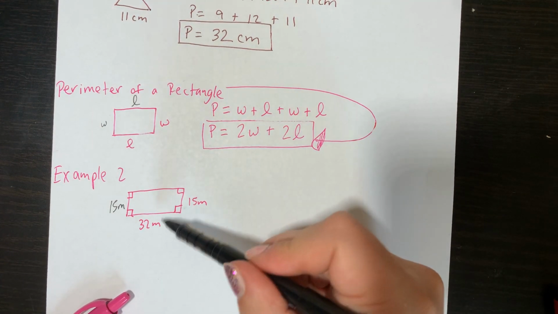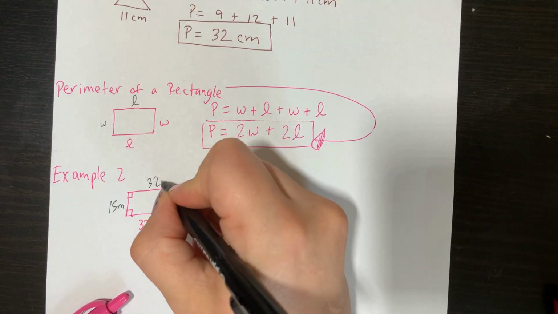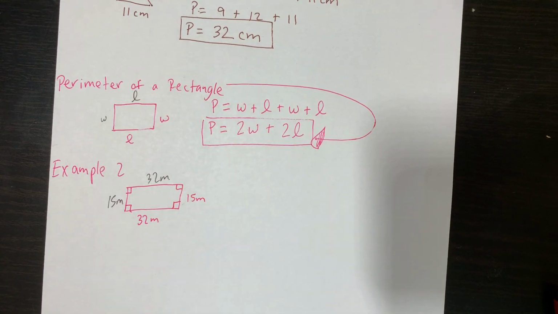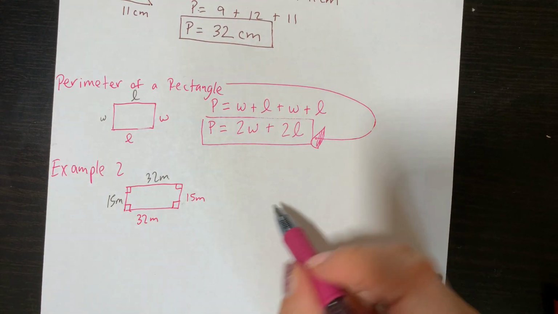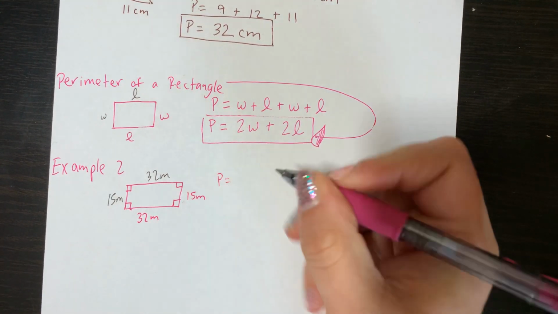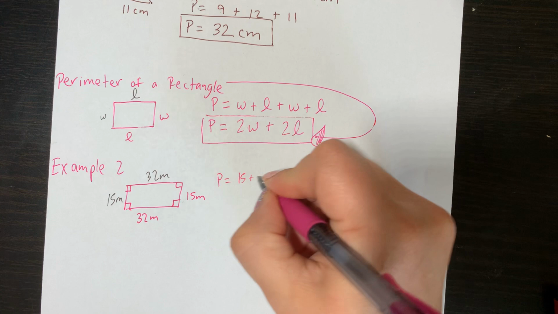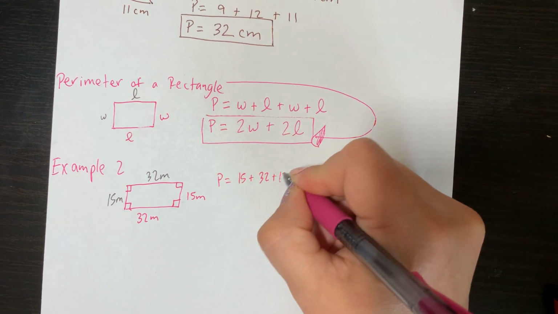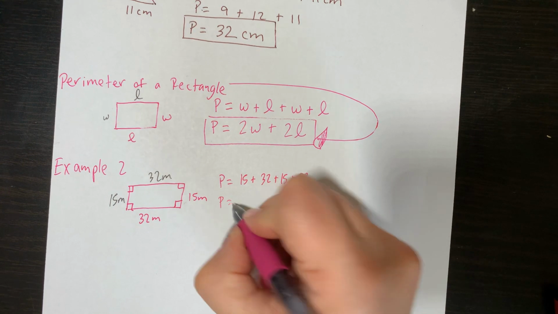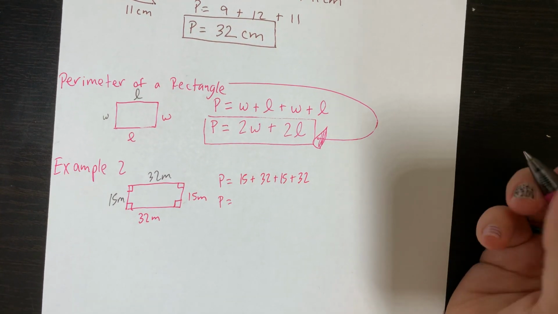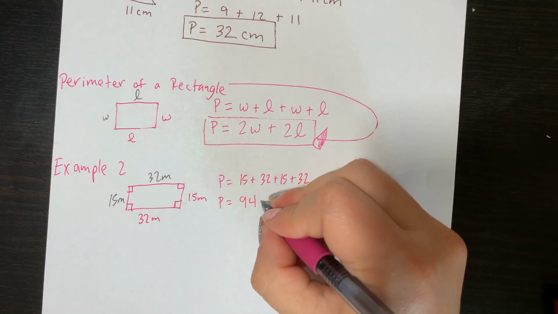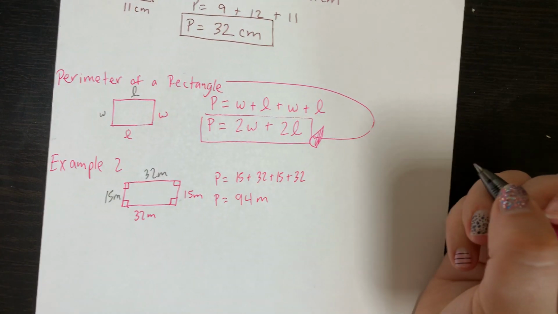And if this side's 32, this side is also 32. Okay. All right, so let's solve our rectangle. Let's solve it both ways to make sure they're the same. So on this one, I'm just going to add them all up. Okay. When I add them all up, I get an answer of 94, don't forget your units, meters.